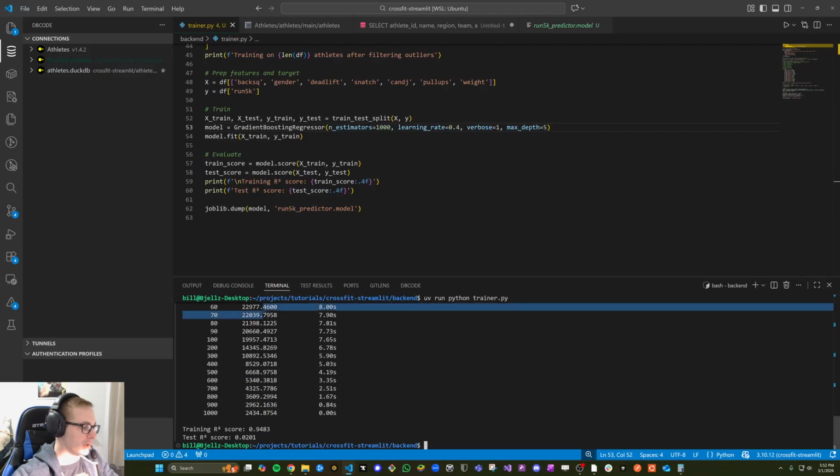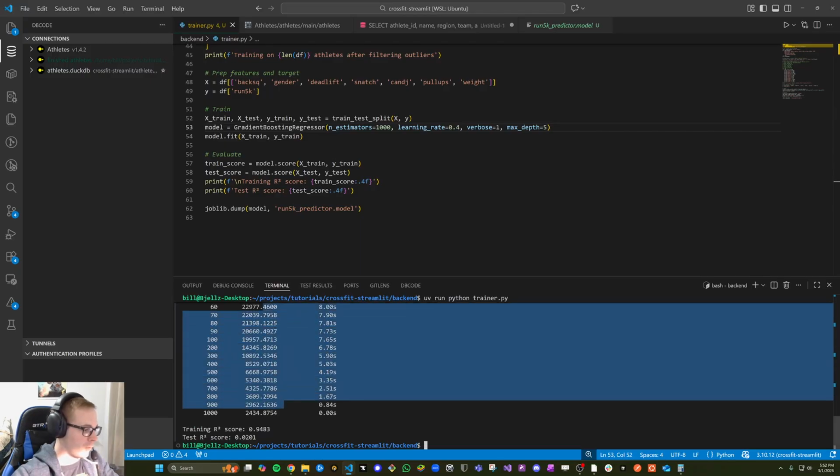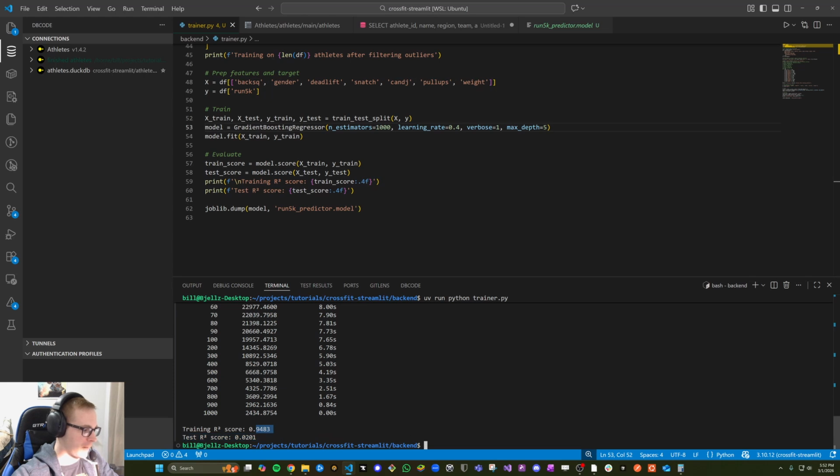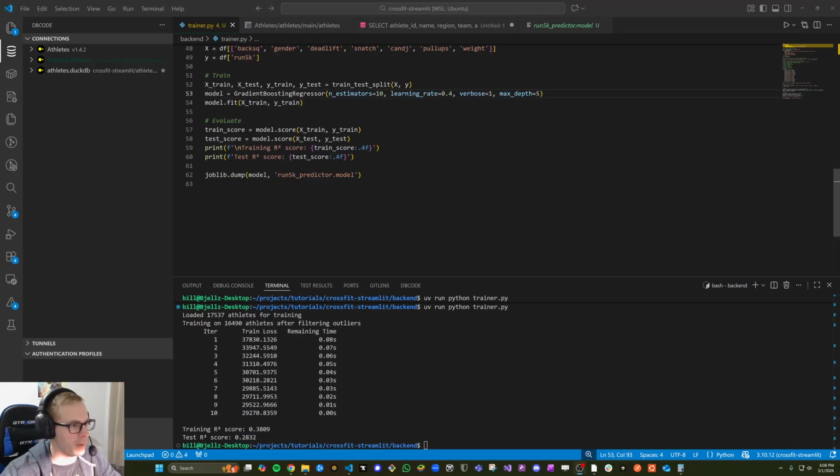So you see here our loss got extremely low, but we're at about 94% for training and about 0.02%, or, yeah, just 2%. So the last hyperparameter that I want to go through here is something called random state.